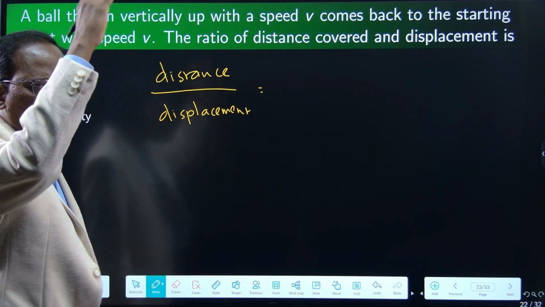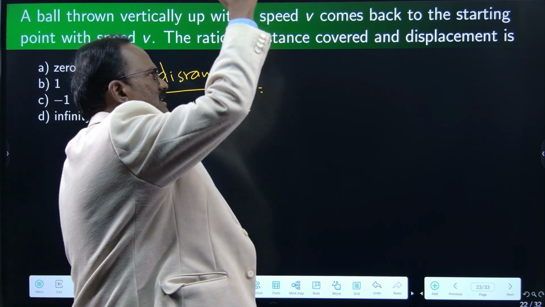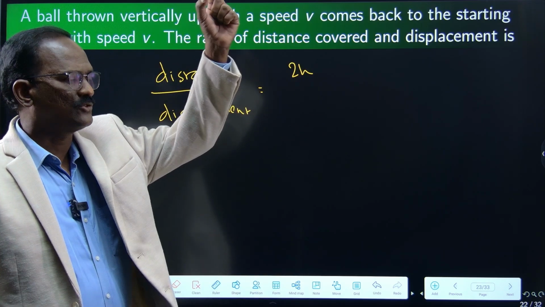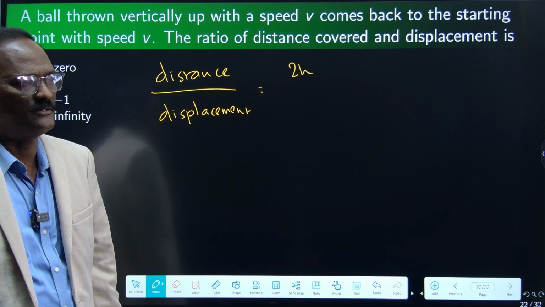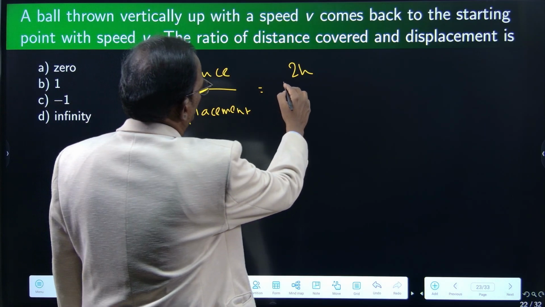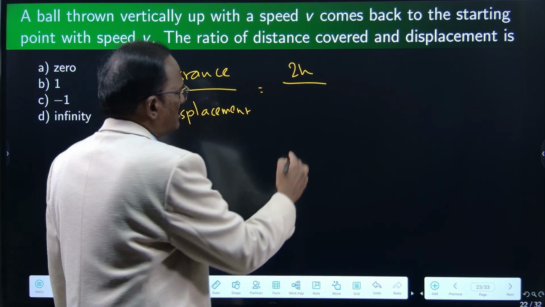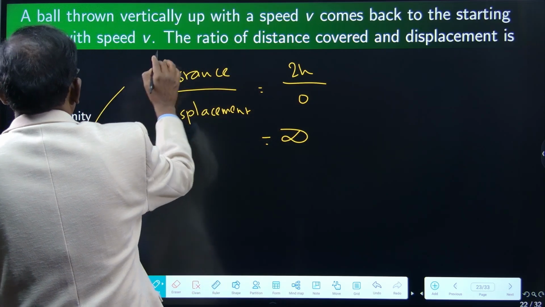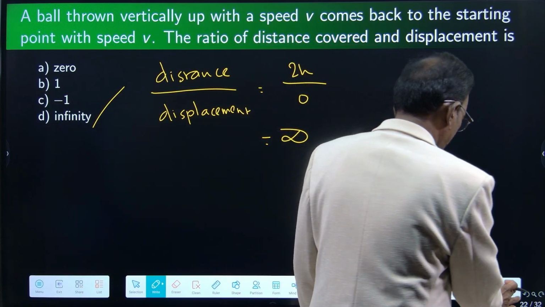It is traveling some distance. Let us say it is h meters. h meters it is going up, then it is again h meters coming down. Displacement, it is coming back to the starting place. 2h by 0. Infinity is the answer. Simple.